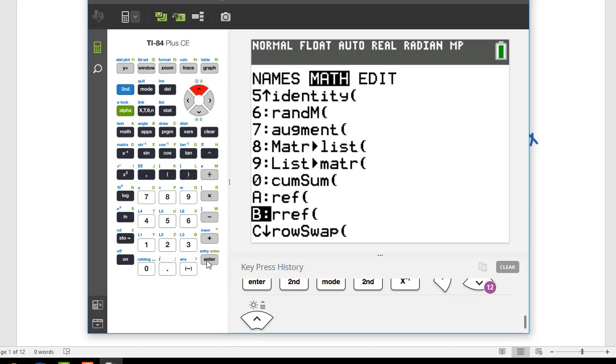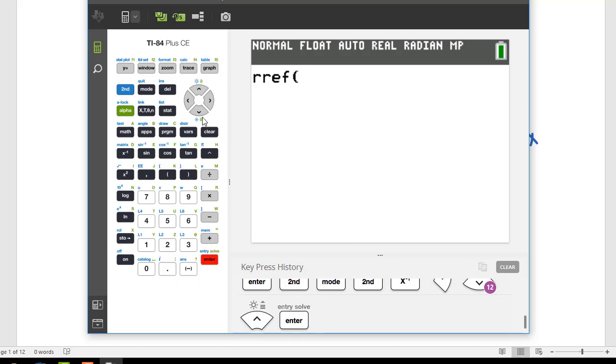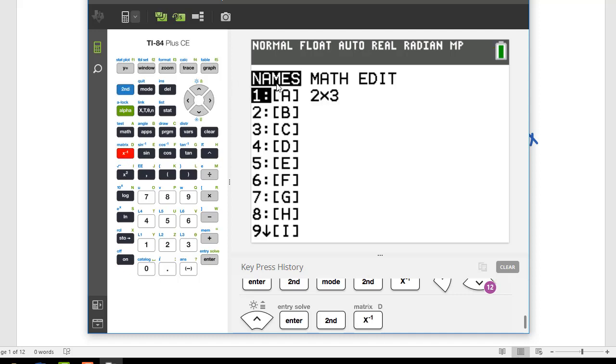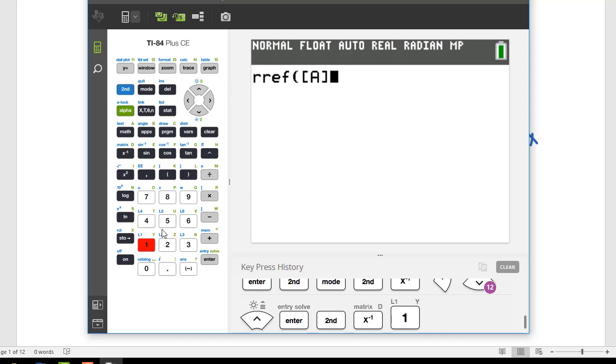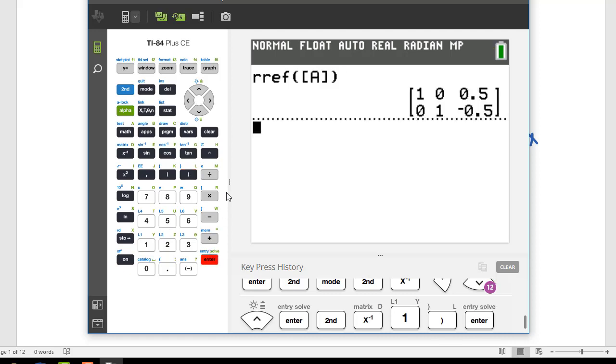So I'm going to call out reduced row echelon form, and I'm going to tell it I want to perform this function on matrix A, the one we just entered. So I have to go back to matrix, second inverse key, and call out the matrix whose name is A. And then when I hit enter, it's going to put the matrix into reduced row echelon form.